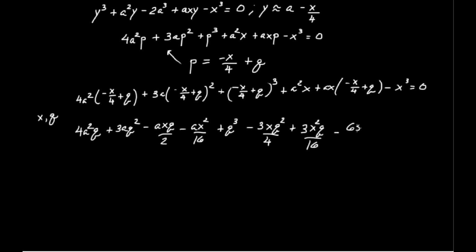And last term, minus 65x cubed over 64 is equal to 0.